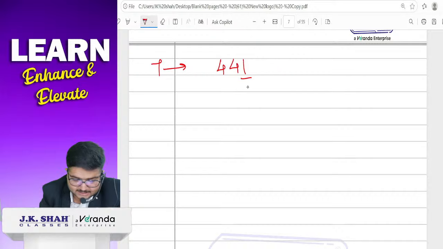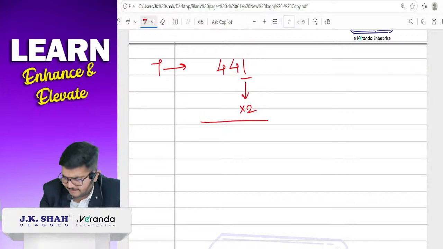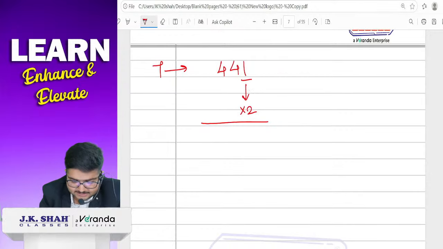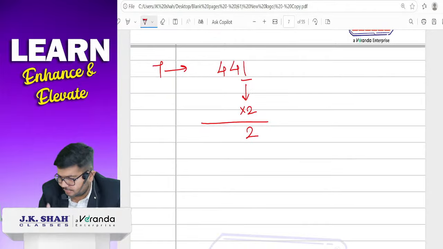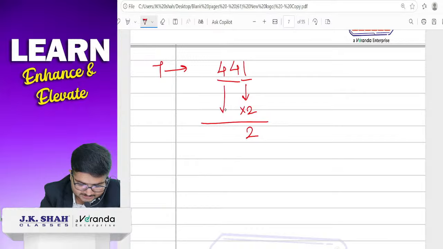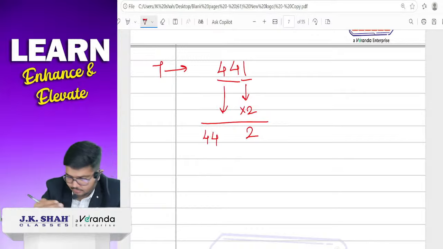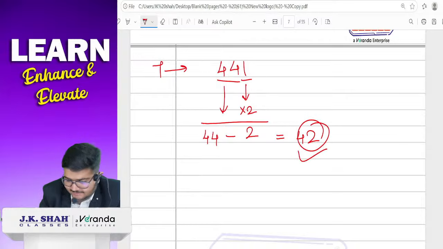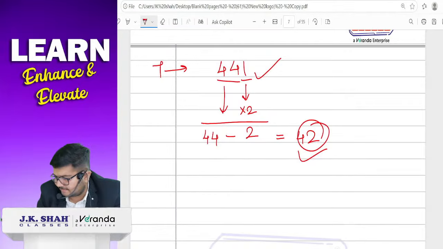Always take the last digit and always multiply it by 2. There is no option. 1 into 2 is 2. Now bring the remaining digits down and always subtract. 44 minus 2 is 42. Is this divisible by 7? Yes sir, it is divisible by 7. So this is also divisible by 7.